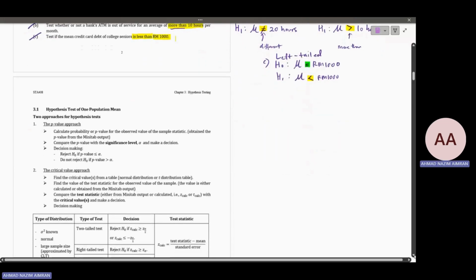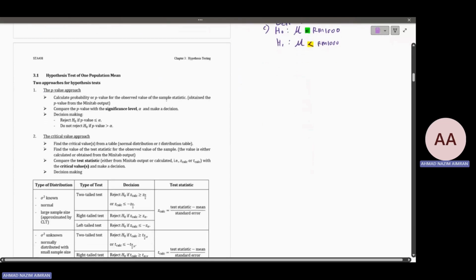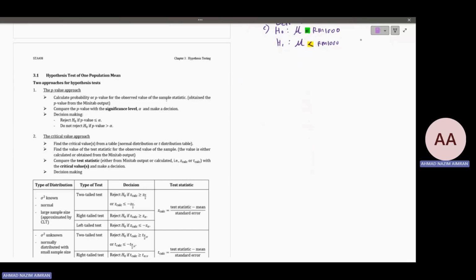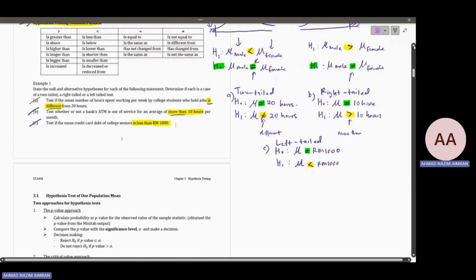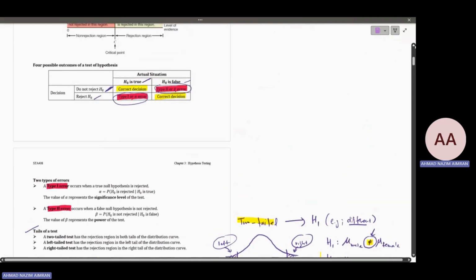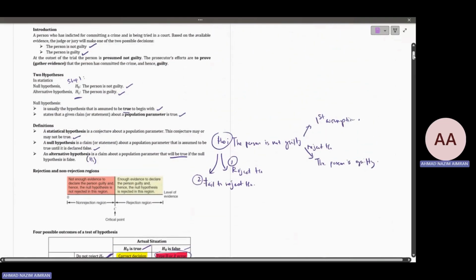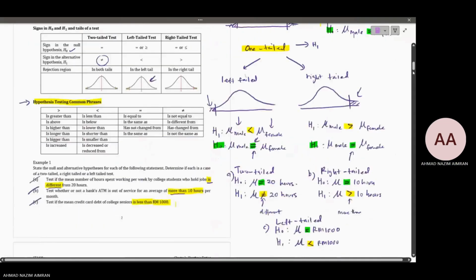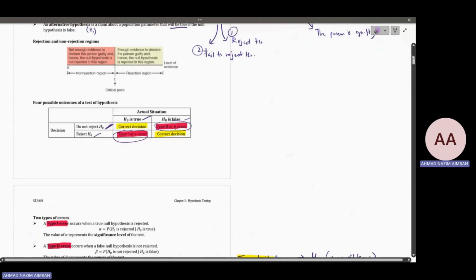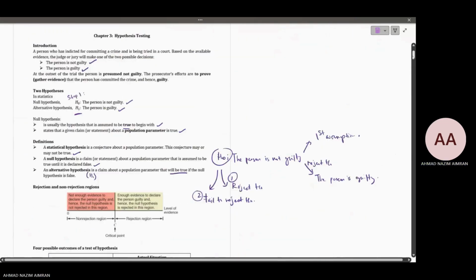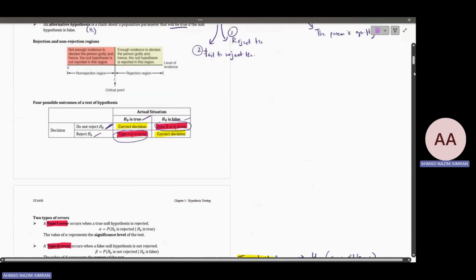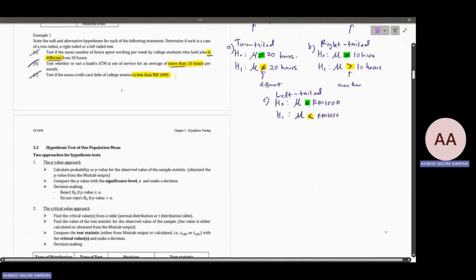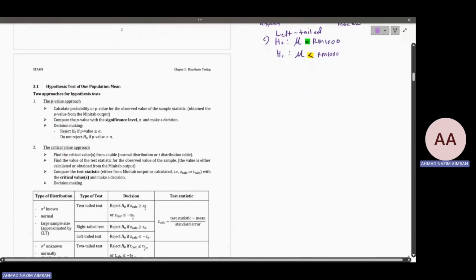Based on the module, there are two approaches for hypothesis testing, but I mentioned earlier that there are actually three ways of testing the hypothesis.